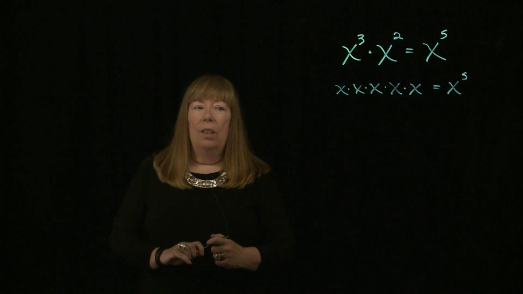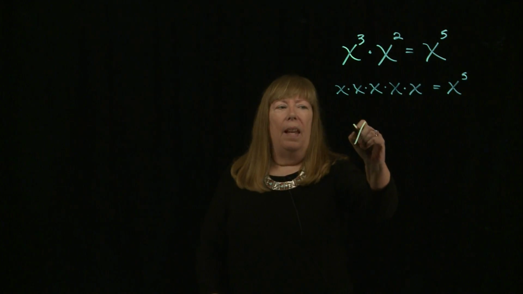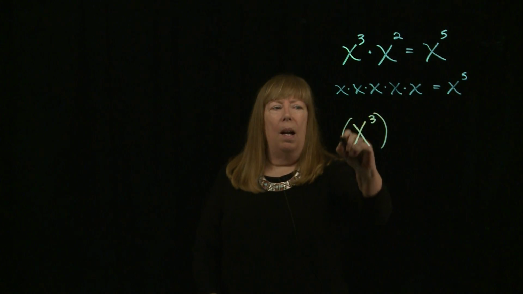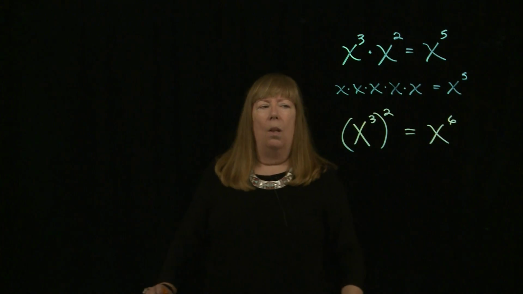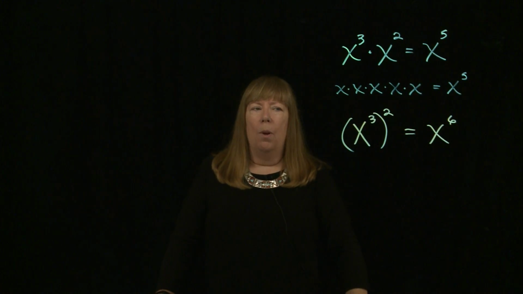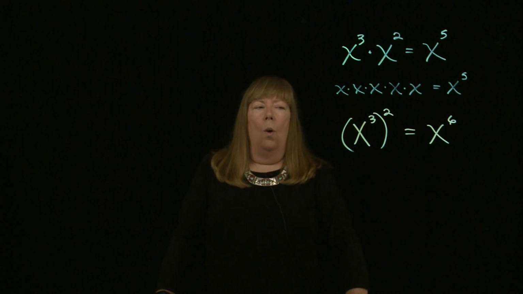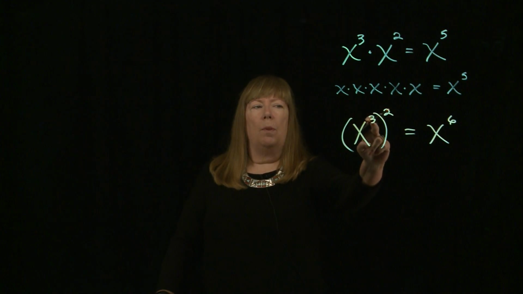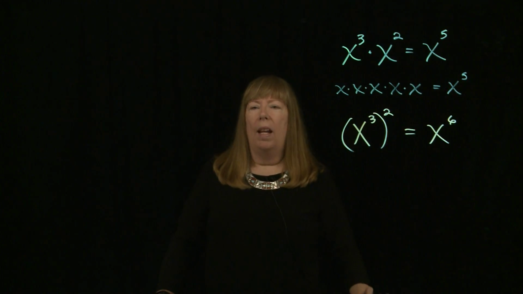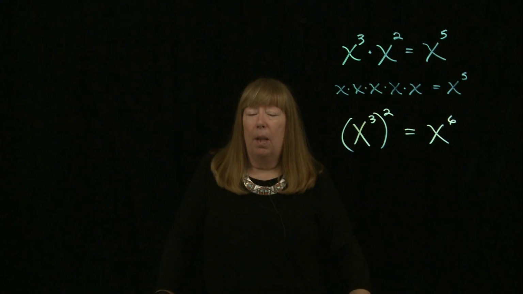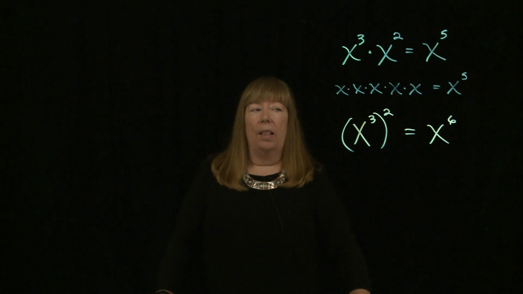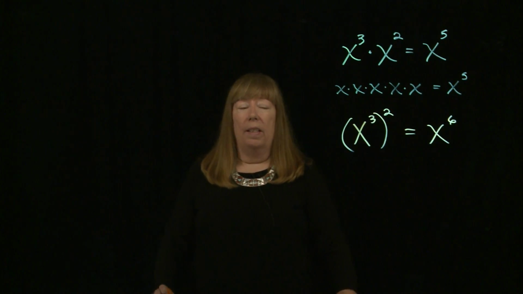Our second rule is called the power rule, and that has to do with raising a power to a power. The way I want to state that one is when raising a power to a power, you're going to have an exponent in the parentheses and one out of the parentheses. One in, one out, you multiply. Let me show you why x to the third quantity squared is x to the sixth.